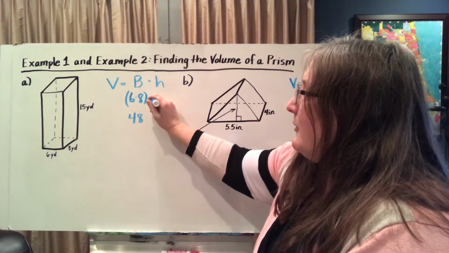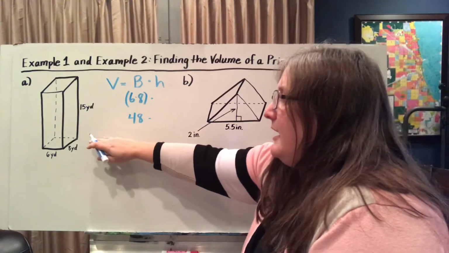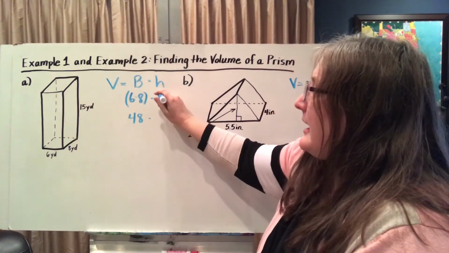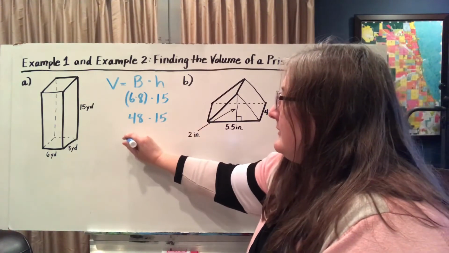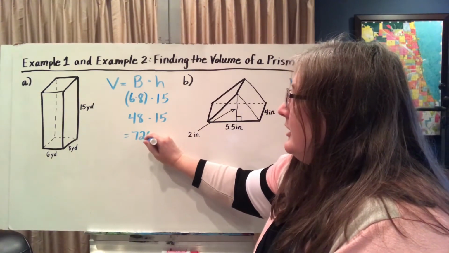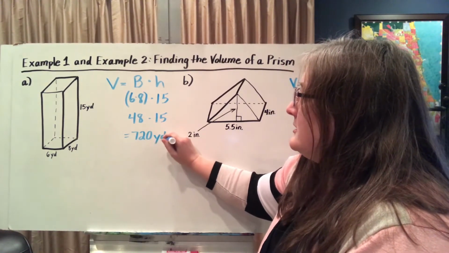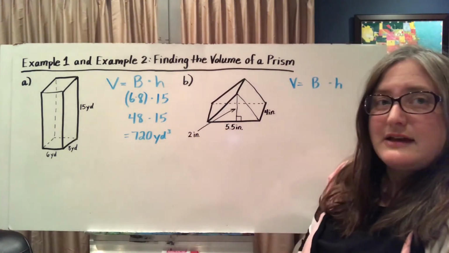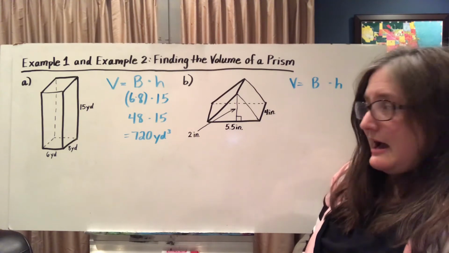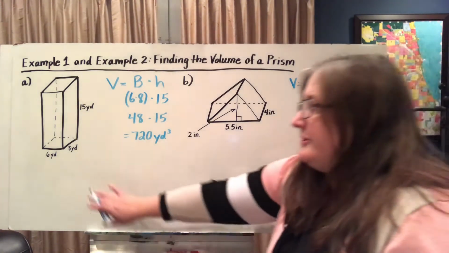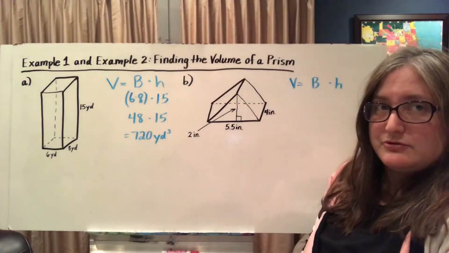And that is going to be multiplied by my height. I'm going to go 15 layers high. So times 15. And 48 times 15 is going to give me 720 cubic yards. It would take 720 blocks, a yard long on each side, to create this three-dimensional object.